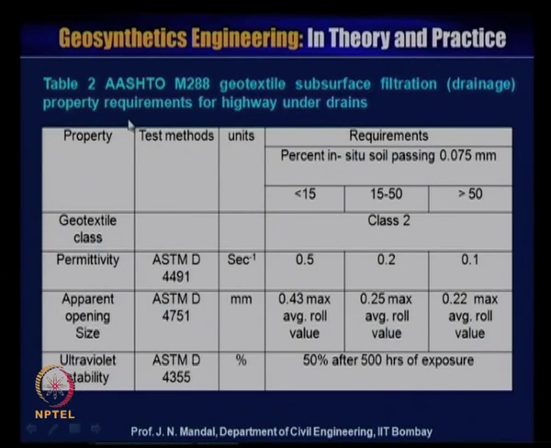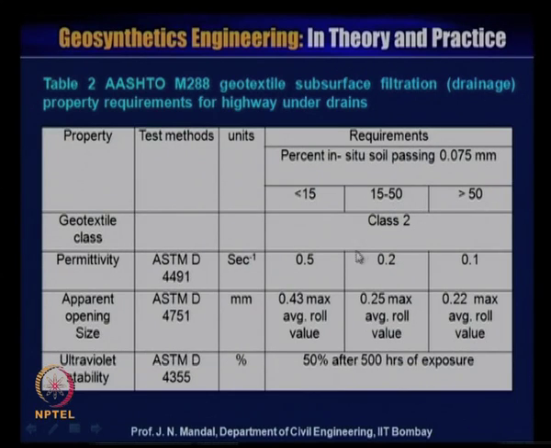Next is Table 2, AASHTO M288 geotextile subsurface filtration drainage property requirement for highway underdrain. Here the geotextile permittivity as per ASTM D4491 is in unit per second, and you can see the requirement by percent in situ soil passing 0.075 millimeter. It may be less than 15, or 15 to 50, or greater than 50.